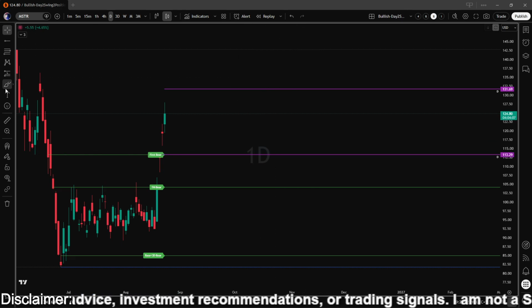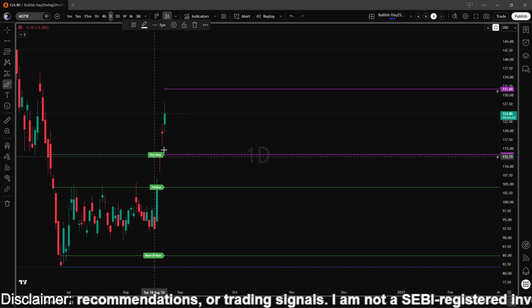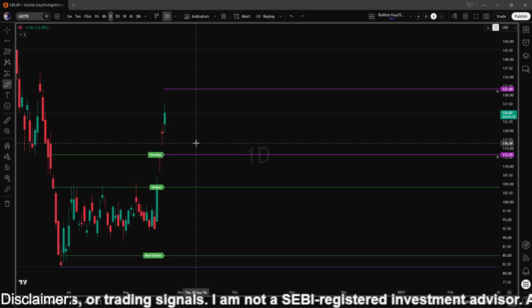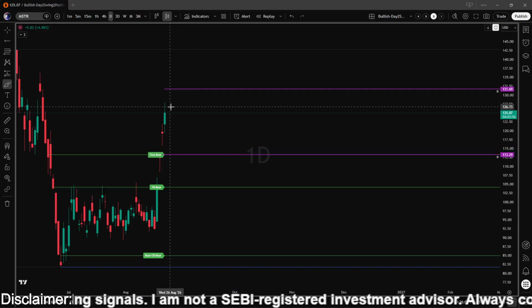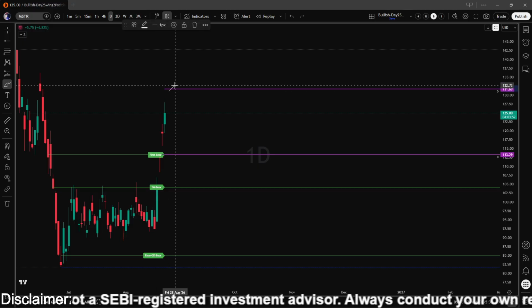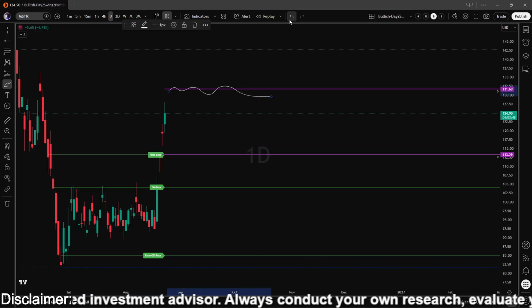As I said, as long as the price of MicroStrategy is trading above this level, the market is bullish. And right now, the immediate resistance MicroStrategy has is this level, 131.69.